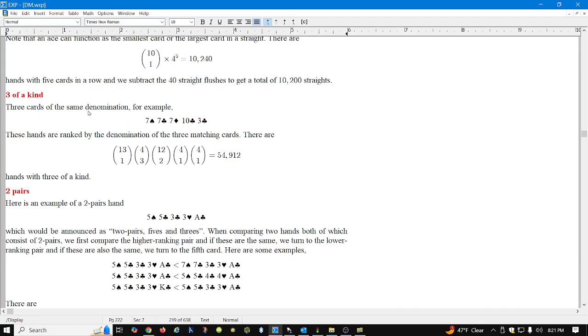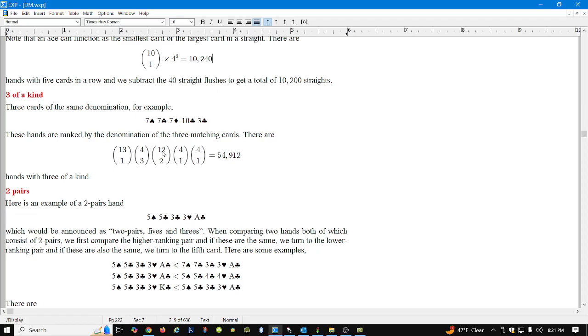3 of a kind. For example, this would be 3 sevens. Also ranked by the denomination of the 3 matching cards. Among the denominations, choose 1. Among the 4 cards of that denomination, choose 3 to put in your hand.